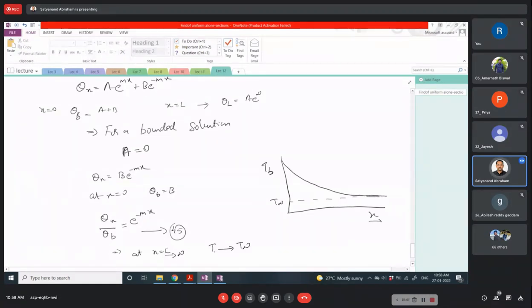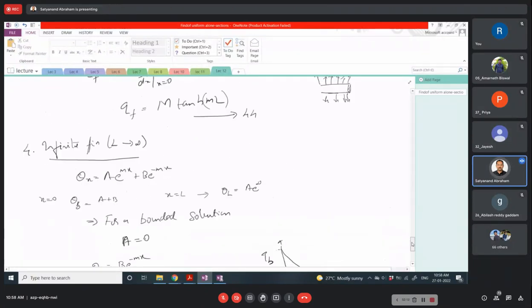So that is x, and over here we have T. At the base we have the maximum temperature, T b, and towards the end it is exponentially varying. For other fins also, this kind of curve is what we are going to have. But it is a bit difficult to draw from those equations.